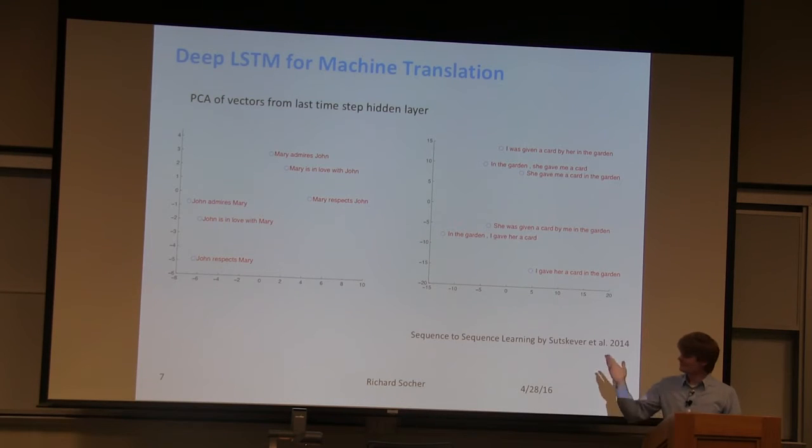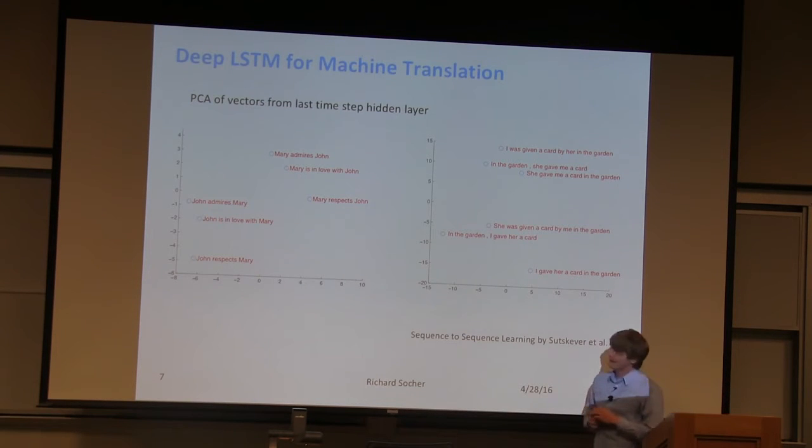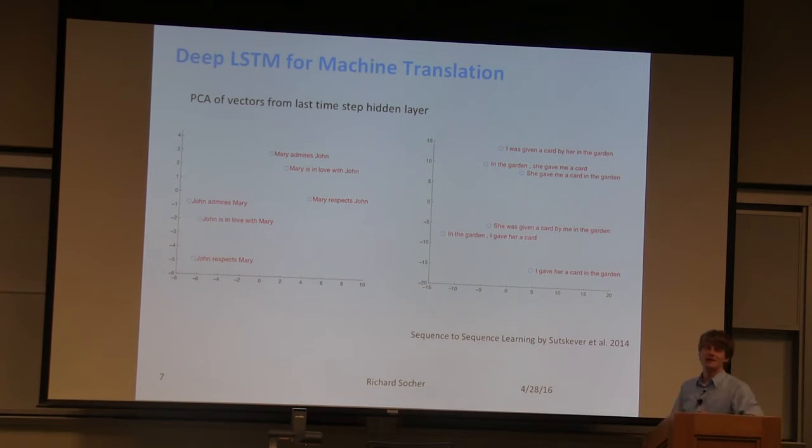Now you'll observe that some very interesting semantic patterns fall out of this. So we can take this 1,000-dimensional vector and apply PCA to it, and then look at a couple of sentences and the encoder that you get from them. And really cool stuff happens here.